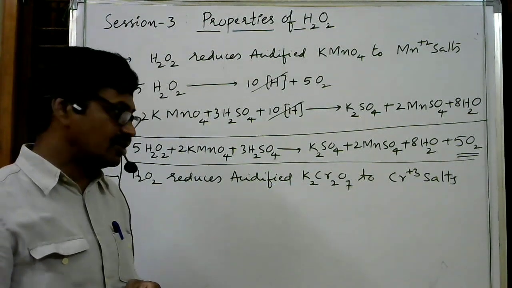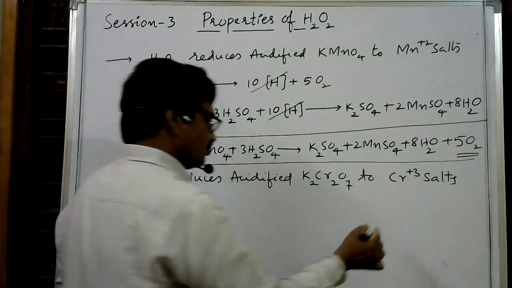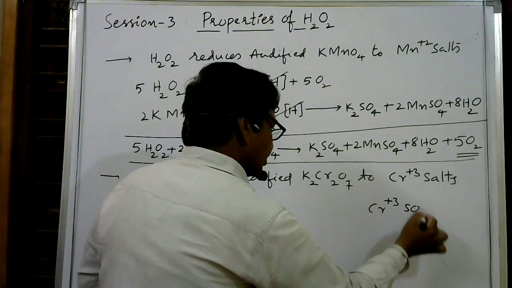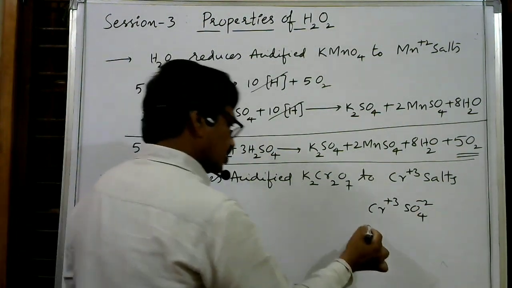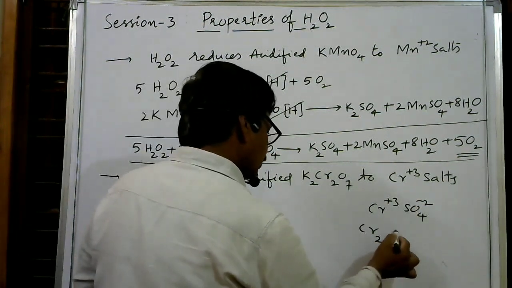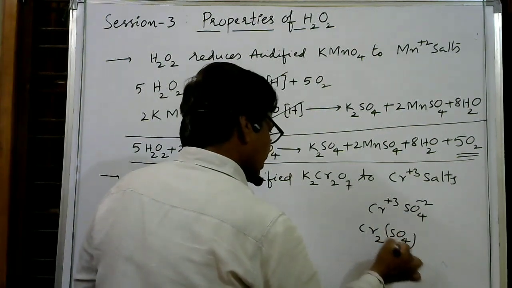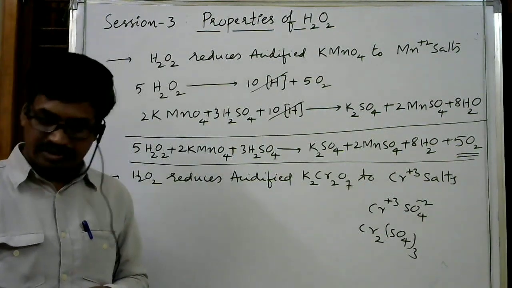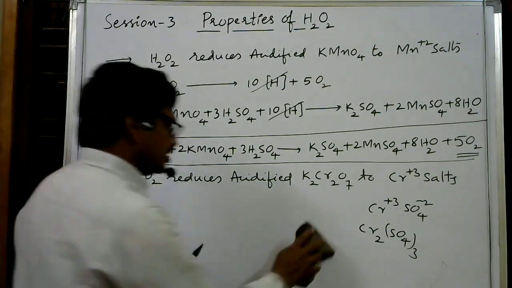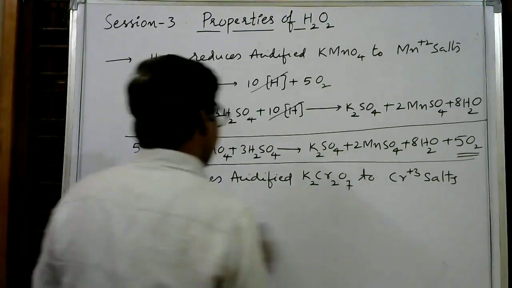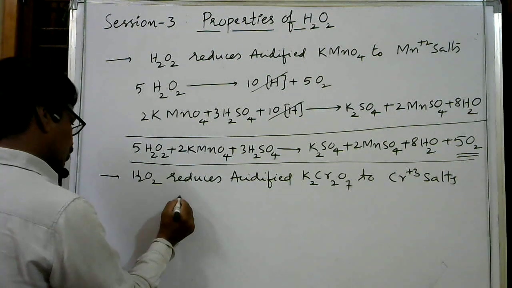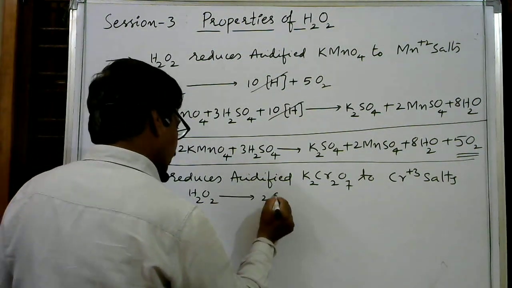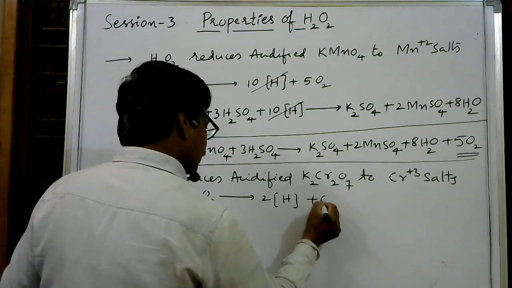Chromic sulfate formula you should know. What is chromic sulfate? Cr plus 3 and SO4 minus 2. If you do crisscross, we get Cr2(SO4) taken thrice. This is chromic sulfate. Potassium sulfate formula you know. So for the same, if you write the reaction, here H2O2 gives rise to 2 nascent hydrogens and O2.